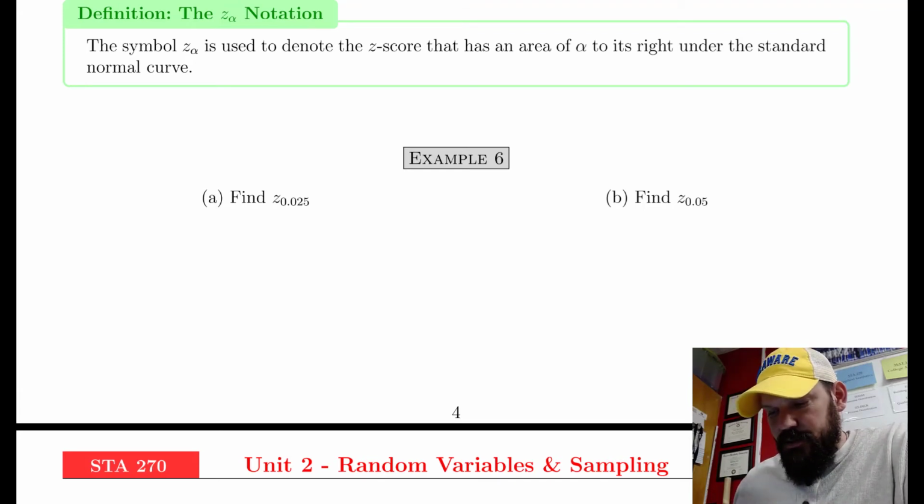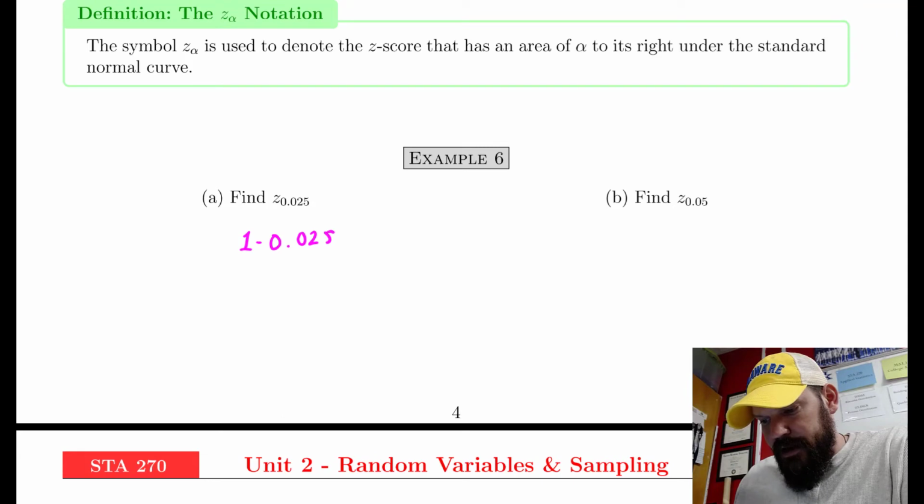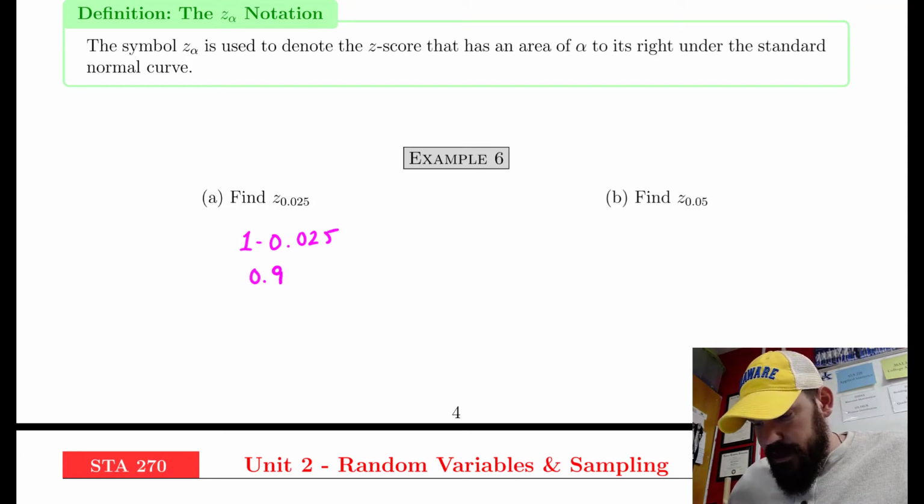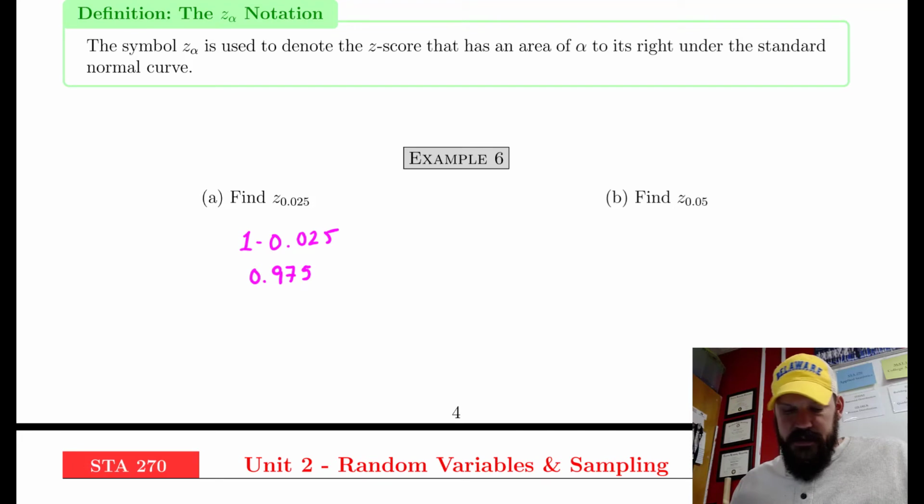So again, remember, the z-table shows everything to the left of a z-score. So if we take 1 minus 0.025, we should get 0.975. Is that right? I think so. Check my math.